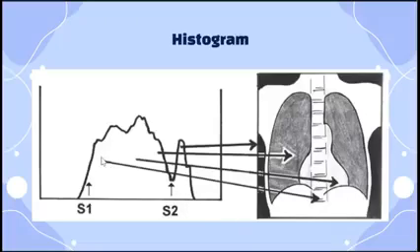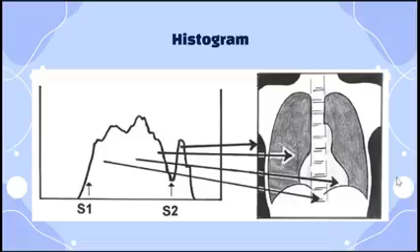Okay, so this area of the histogram is the bone, which is indicated by the vertebra. And then this area here is the soft tissue of your heart. Okay, and this area here of your histogram is the air-filled lungs. And then this area of the histogram here is the dark or the black areas or the high density areas of the collimated field. Okay.